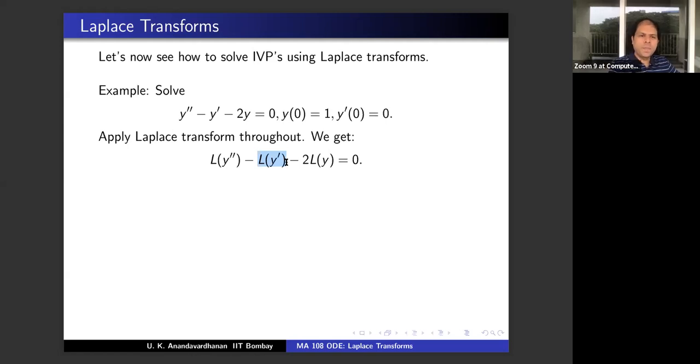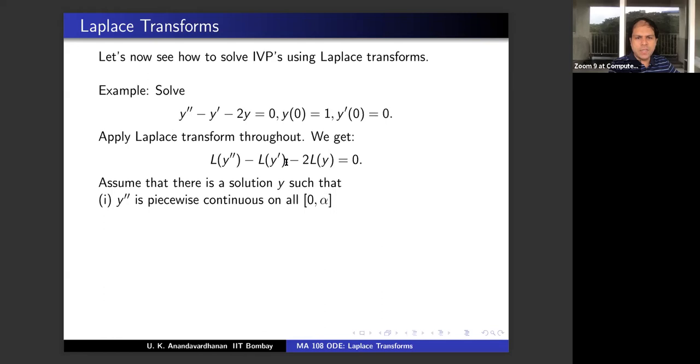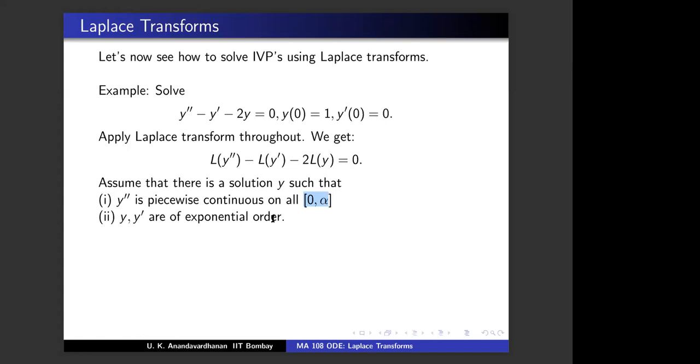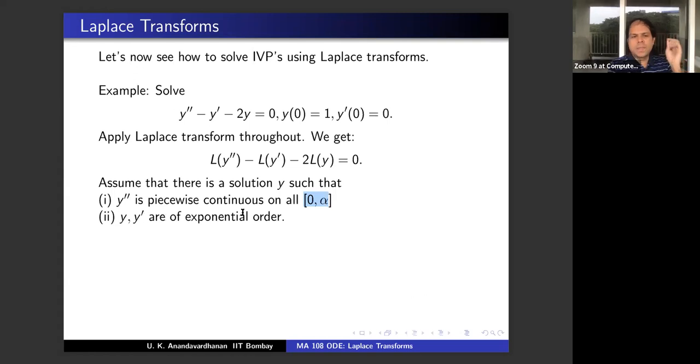So assume that there is a solution y such that y double prime is piecewise continuous on all 0 to alpha, for all alpha positive, and y and y prime are of exponential order. Assume there is such a solution and continue. This is what you will do. Sir, we can show that y double prime has to be continuous because y prime and y have to be continuous. That is correct. But I'm just stating exactly as in the theorem.